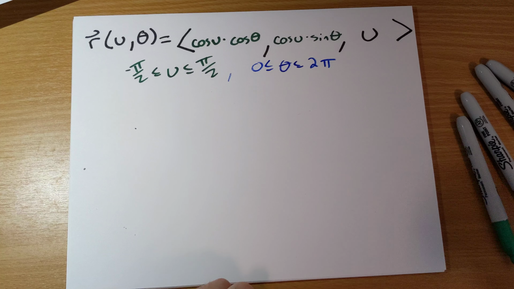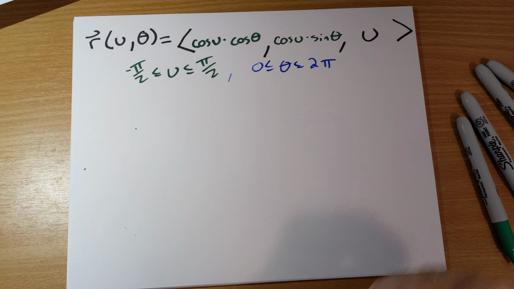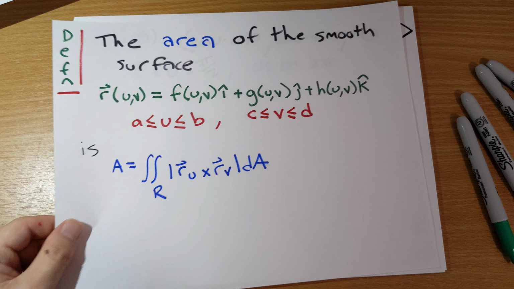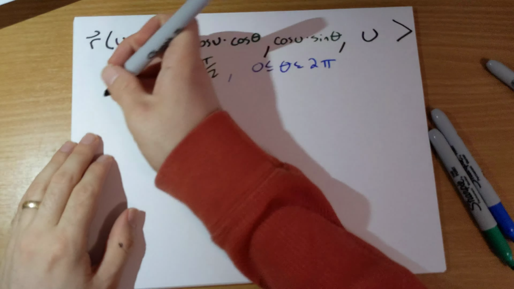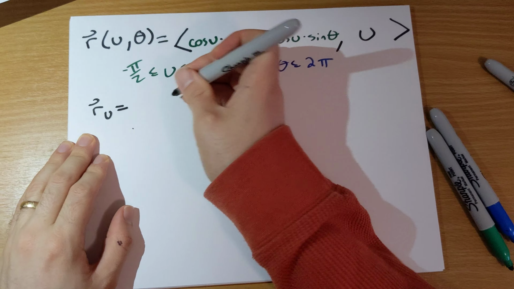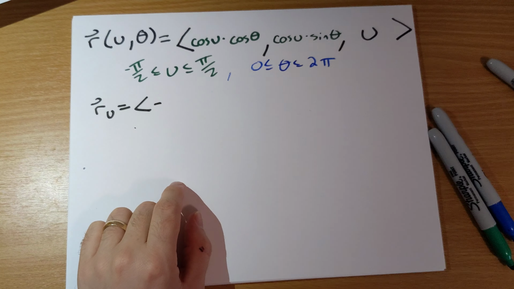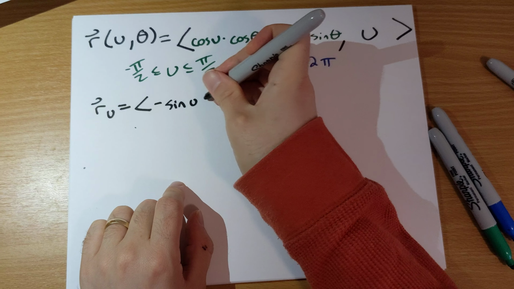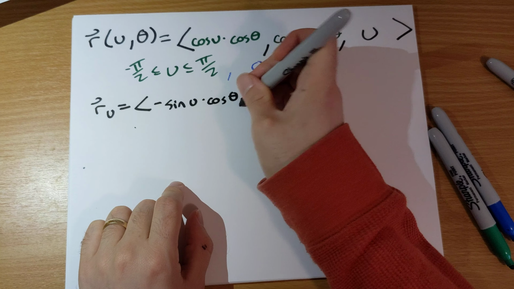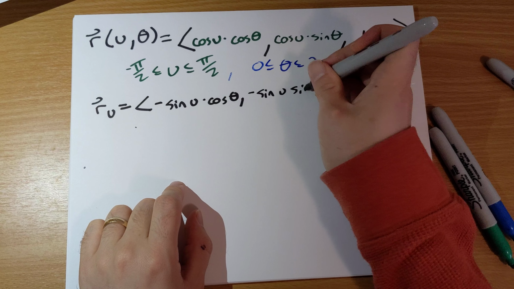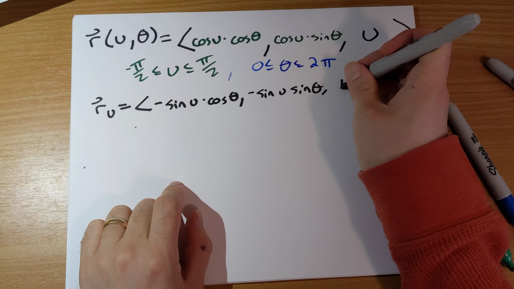Okay, so at this point, we know we need to be using this formula here. So we need two partial derivatives. R sub u is going to be negative sine u cosine theta, negative sine u sine theta, and 1.